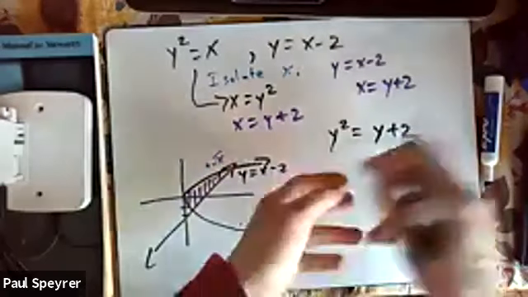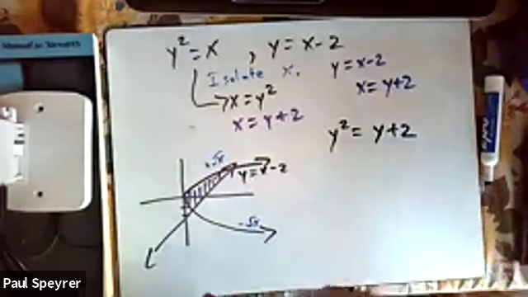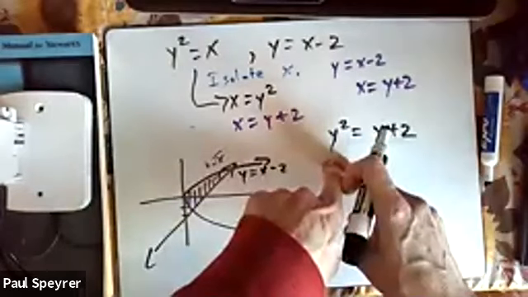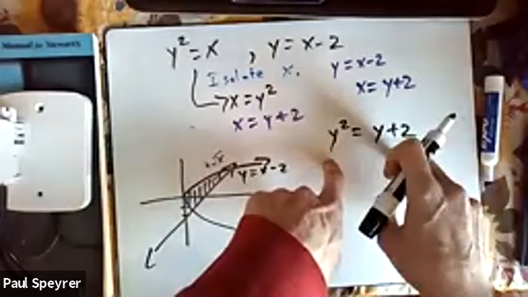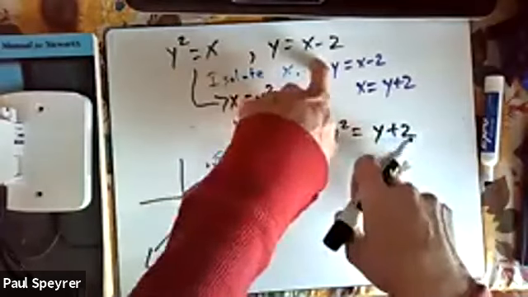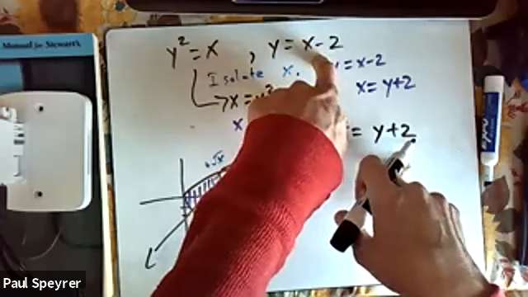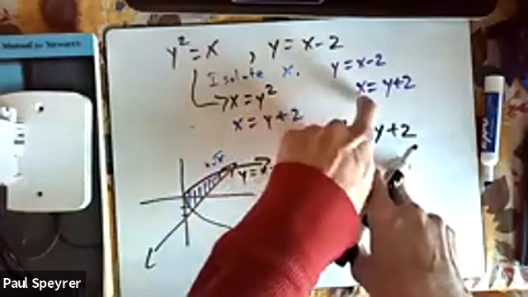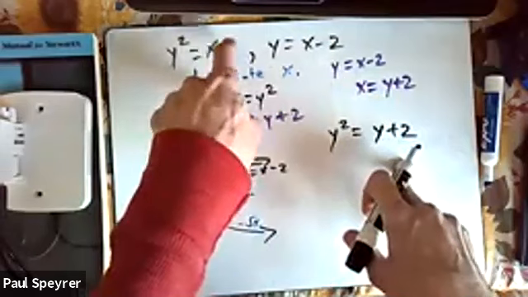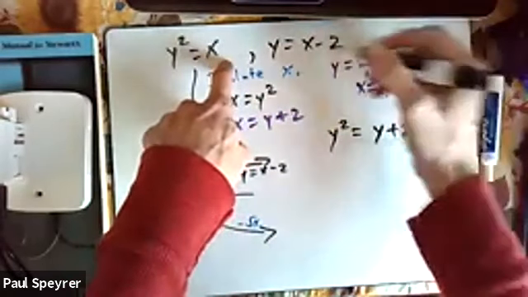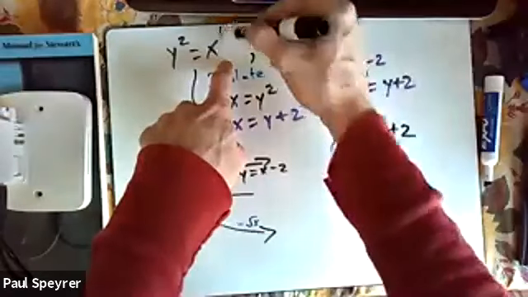Integrating with respect to y is the reverse. All your equations need to be in terms of y. Some of them you might have to rearrange, like right here, because I had to get it to say x equals something. This one already said x equals something.